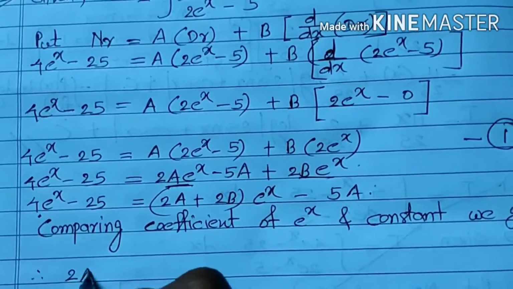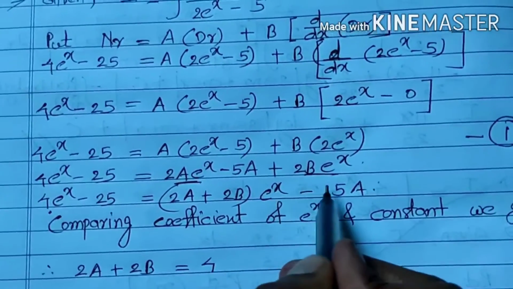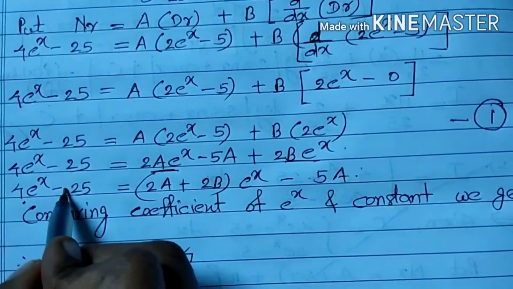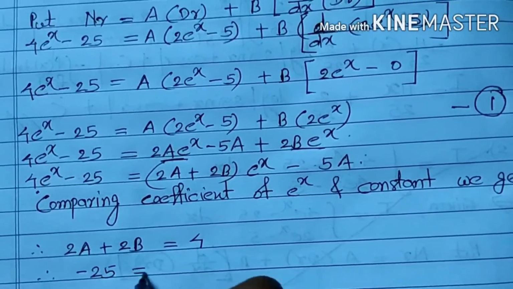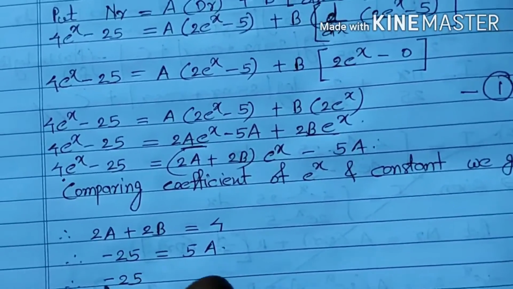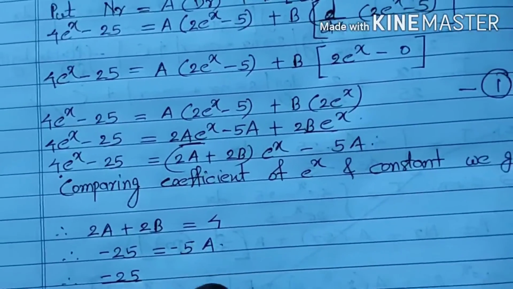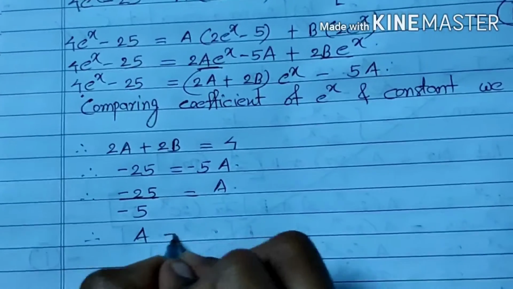Therefore 2a plus 2b is equal to 4, and here the constant is minus 5a and here the constant is minus 25. So minus 25 is equal to minus 5a. Therefore minus 25 upon minus 5 is equal to a. So a is equal to 5.